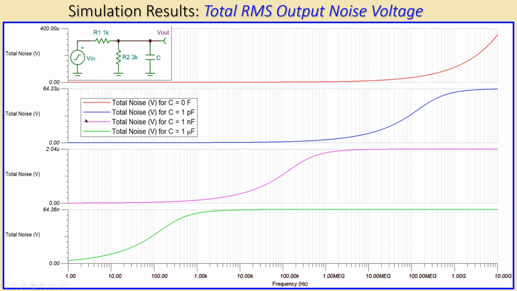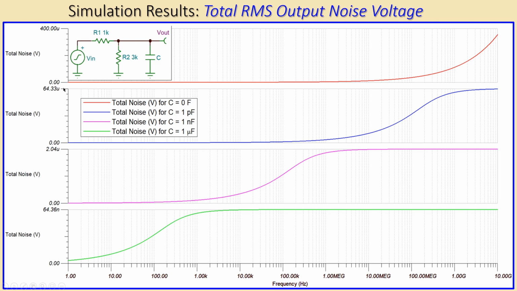It will just increase without a limit. But if I have filtering, for example the blue one, which is for 1 picofarad, I will approach a value of 64.33 microvolts RMS in this case. For 1 nano, I will approach 2.04 microvolts, and for the green one, which is for 1 microfarad, I will approach 64.36 nanovolts RMS.